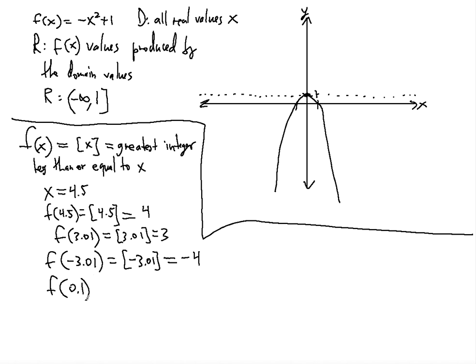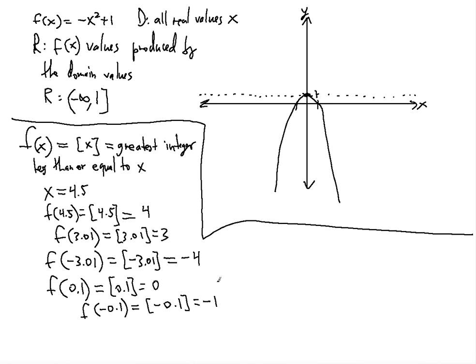If you think of 0.1, the greatest integer less than or equal to 0.1 will be 0. But if you think of negative 0.1, the greatest integer less than or equal to negative 0.1 will be negative 1, and so on. So for this reason, when we're going negatively, we're rounding down, even if we have negative results.